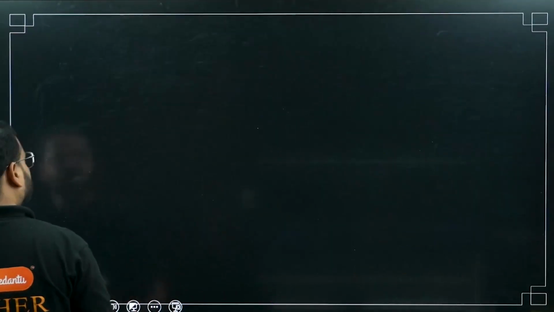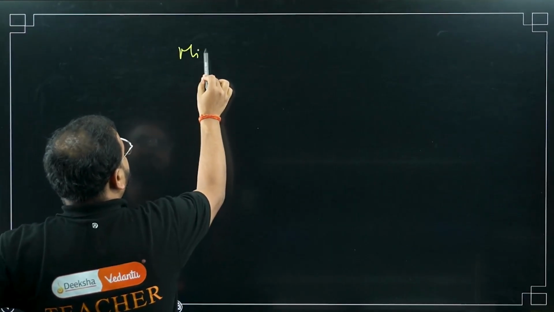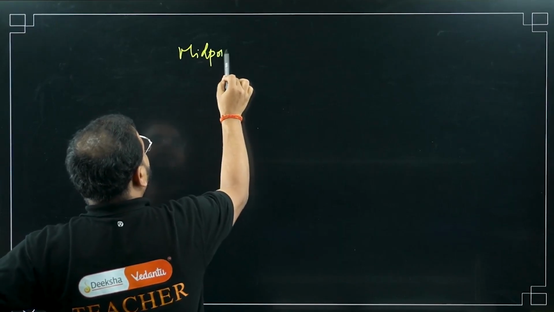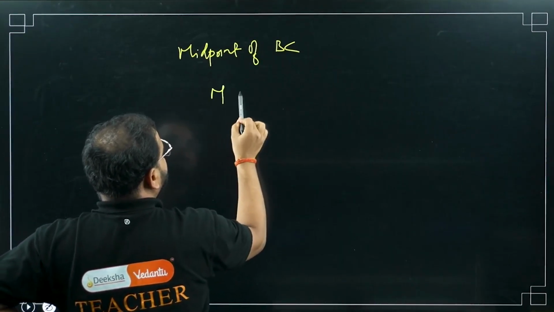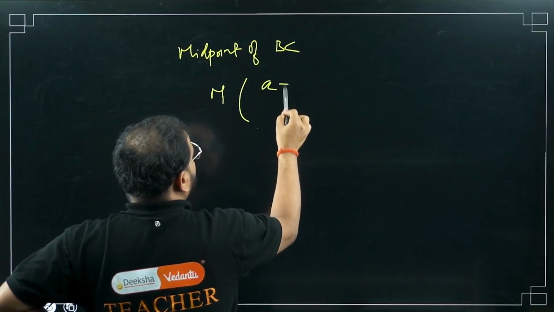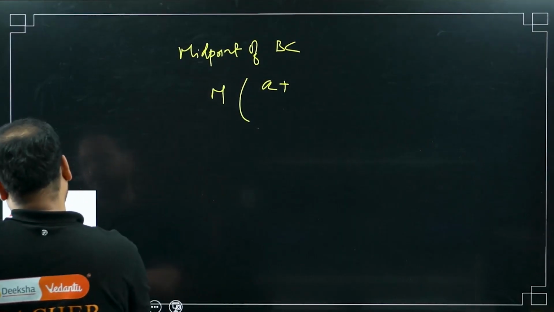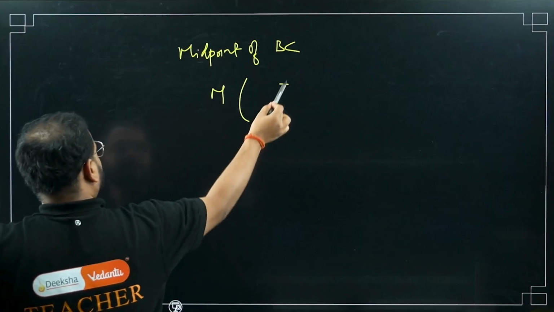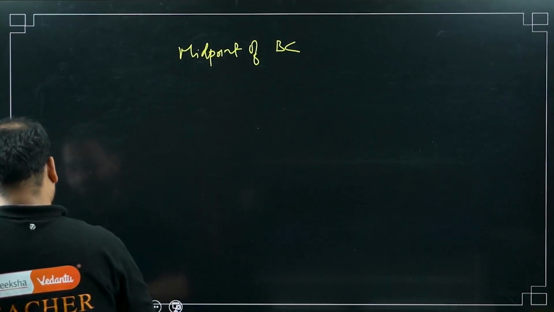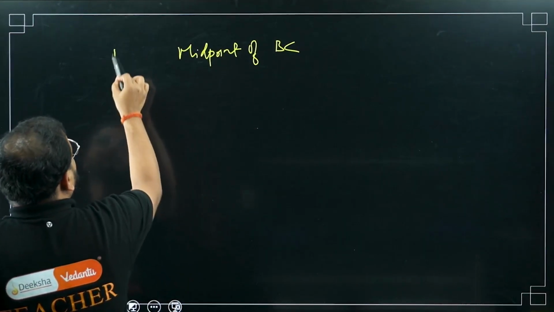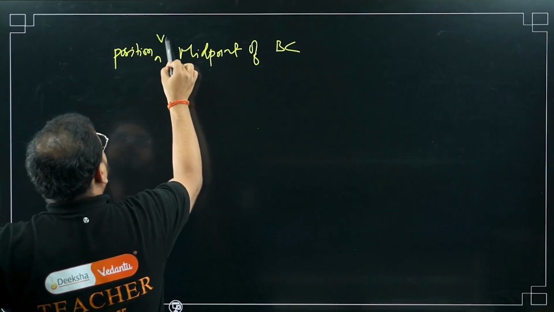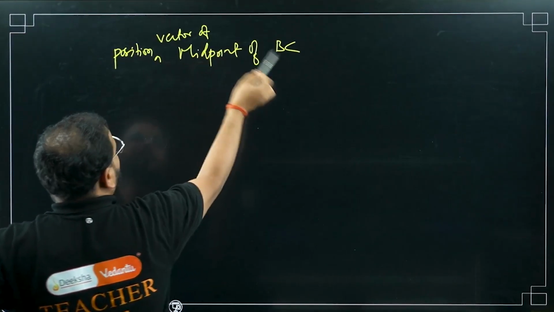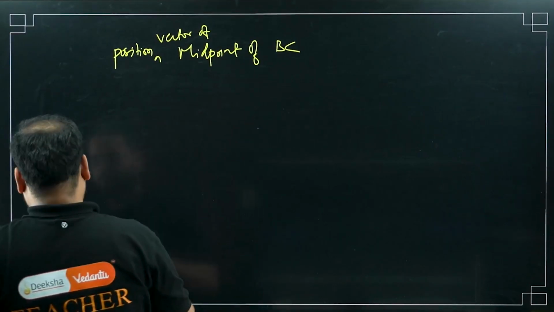Last step, I'll write it over here. The midpoint of BC, let's say M, formula is B plus C by 2, right? The position vector of the midpoint of BC. What am I going to get, bacha?